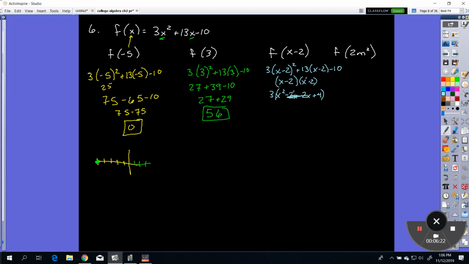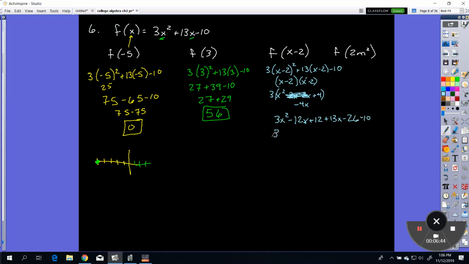Now I'm just going to take -2x and -2x and make -4x. So that makes 3x squared minus 12x plus 12. Now I distribute this 13. That makes plus 13x minus 26 minus 10. So now I combine like terms.